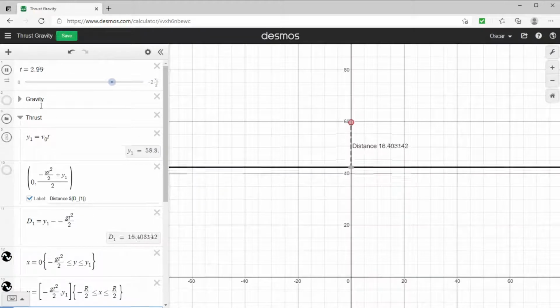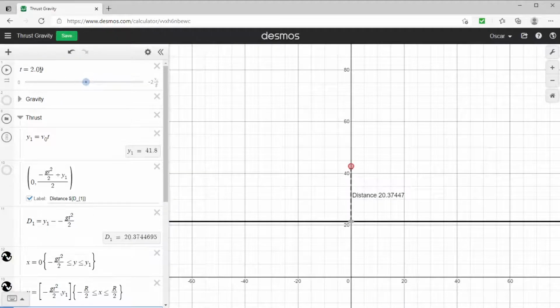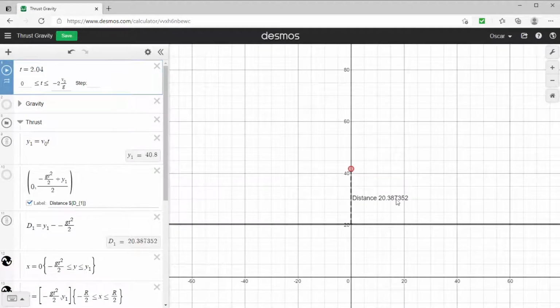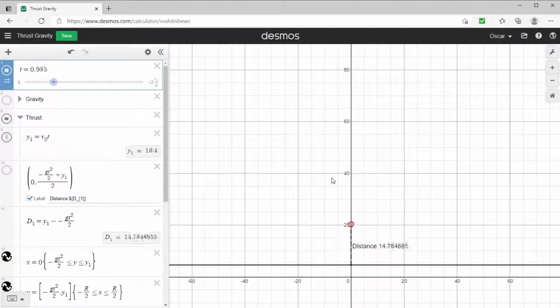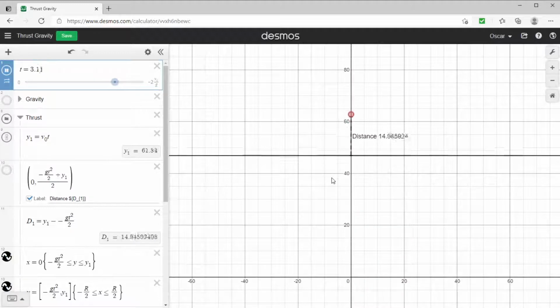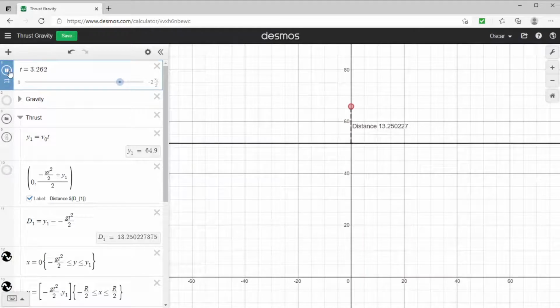I hope that isn't screwing up the simulation, but you should be able to see how this works. So if we look at 2.4 seconds, we find it reaches a maximum height of 20.4 meters. Again, that's about 67 feet. And then eventually the floor catches up because it's always speeding up and the ball is not speeding up, it's just keeping the same velocity. Eventually the floor will always catch up.